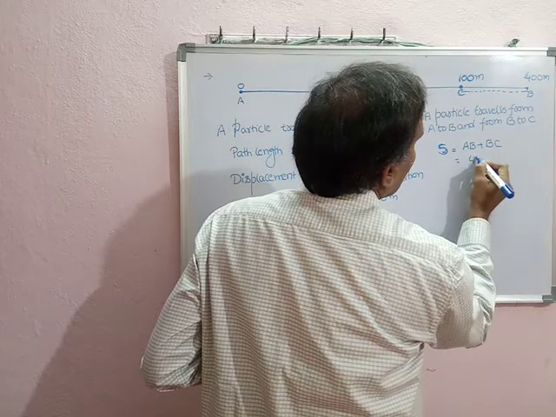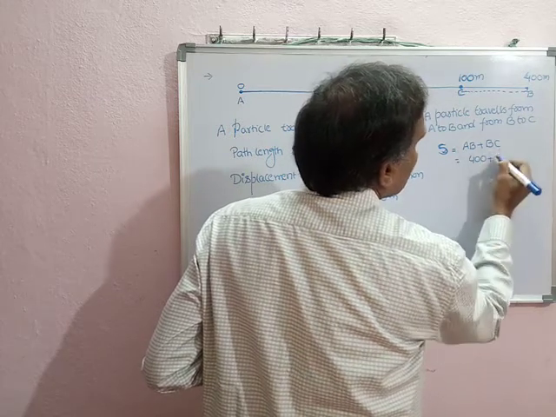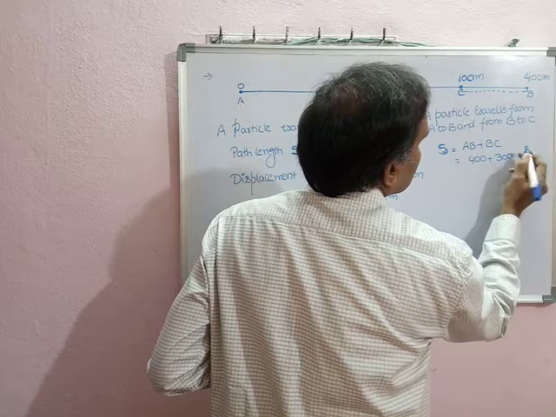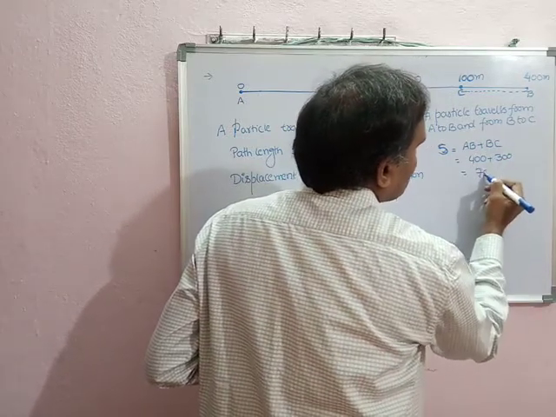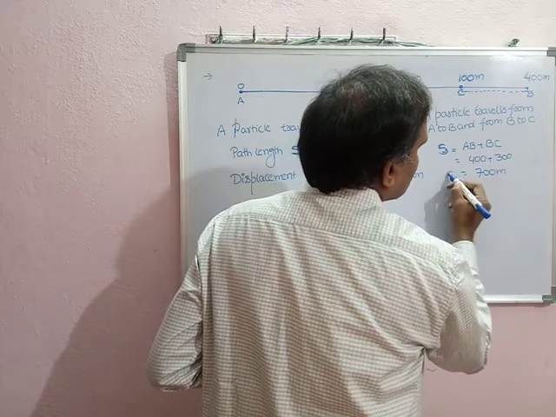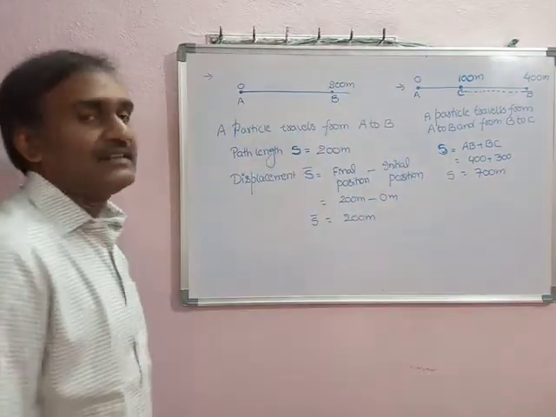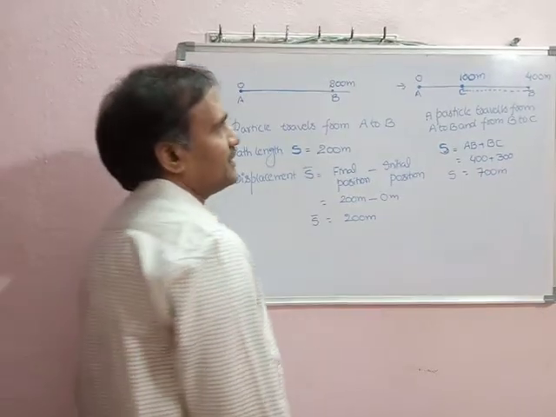AB 400 meters plus BC 300 meters. Totally it becomes 700 meters. Path length is equal to 700 meters.